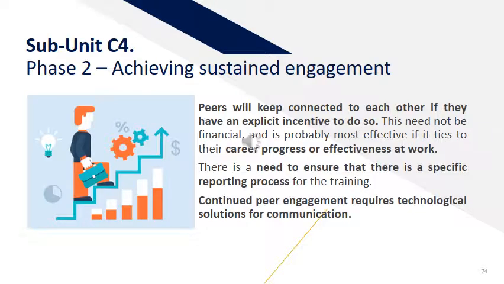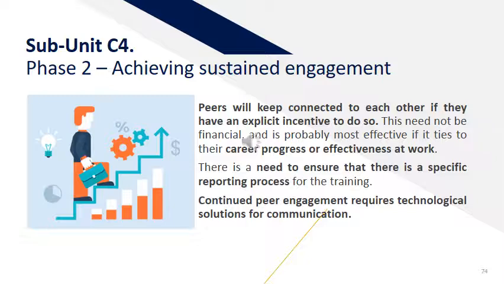Peers will keep connected to each other if they have an explicit incentive to do so. This need is not necessarily financial and is probably most effective if it ties to their career progress or effectiveness at work. Peer training initiatives that connect activities to actual work tend to be more sustained than others.